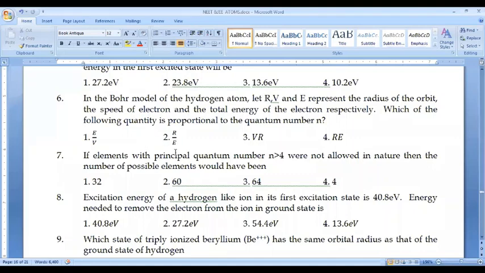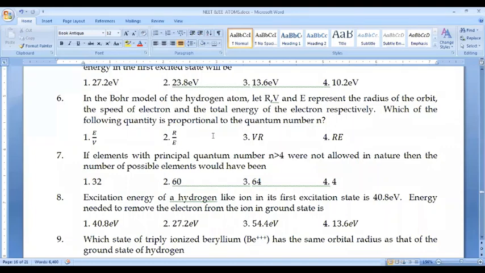Which of the following quantities is proportional to the quantum number n? That is the question.